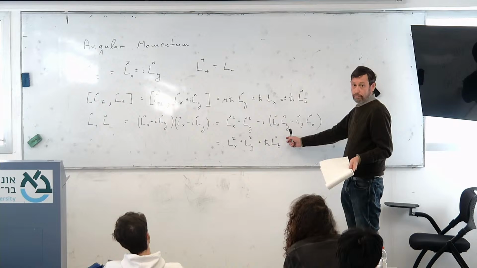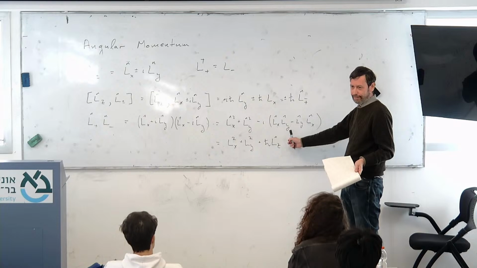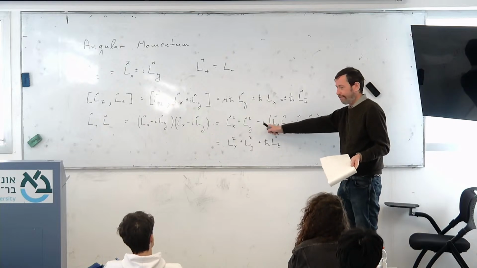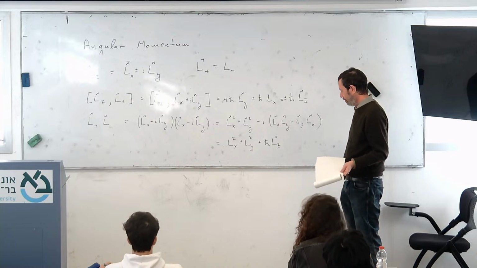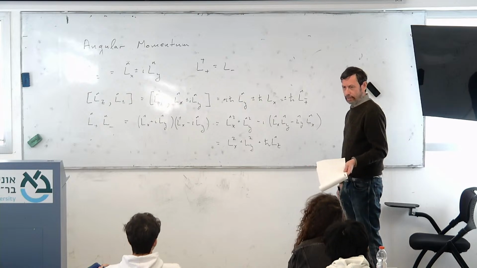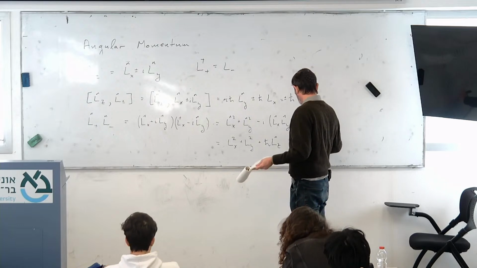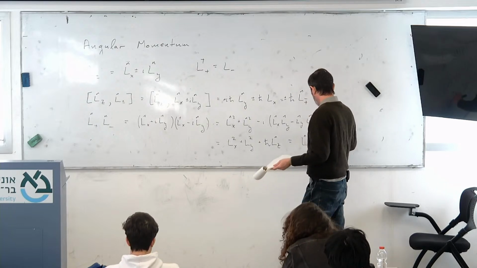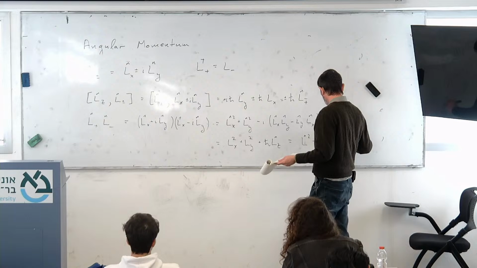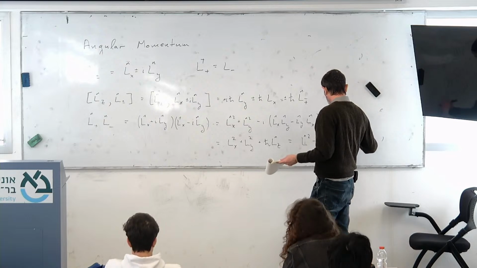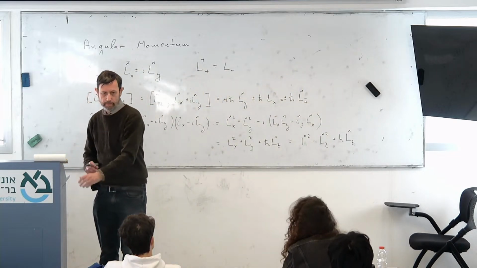Why is that? Because the commutation relation between Lx and Ly gives us Lz up to an i times h bar. I have an i here, so I'm left only with the h bar. Because it doesn't look too pleasant, but why?